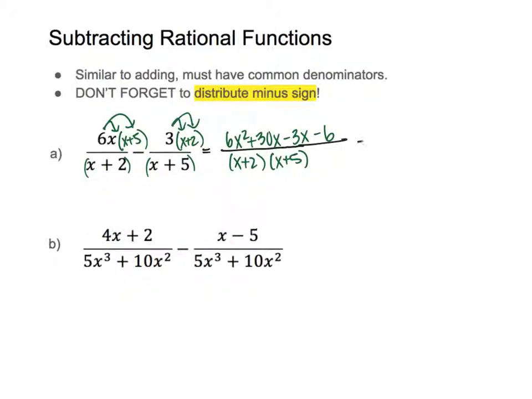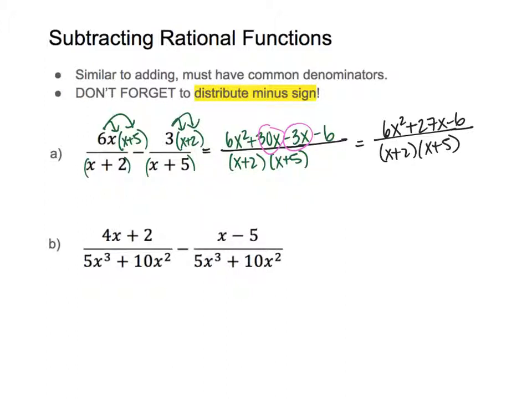Okay, so when I look at this here, I'm going to bring over my denominator. Let's see if I have any common factors here. Notice that I have a 30x and a -3x. So if I combine, I have 6x squared plus 27x minus 6.